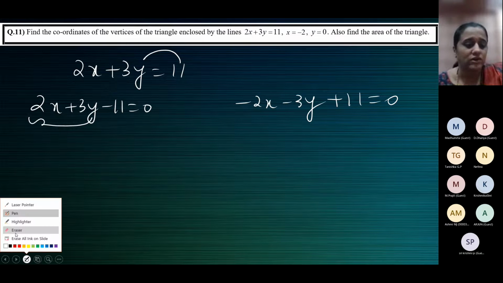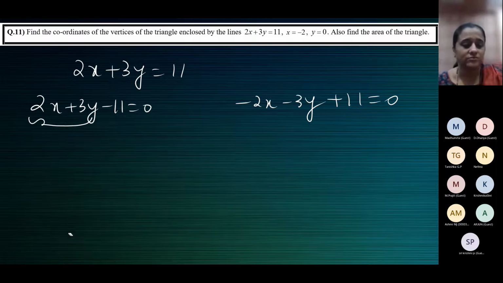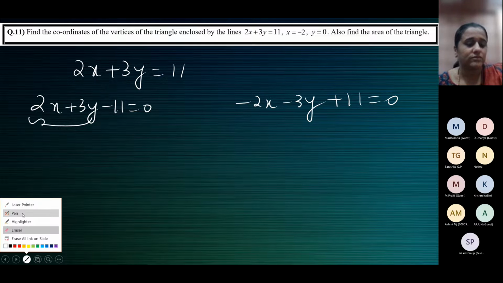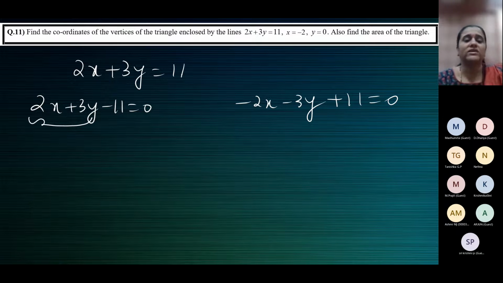What if you keep 11 in the RHS and transpose 2x and 3y? That's also possible. So when you transpose 2x, it becomes minus 2x.